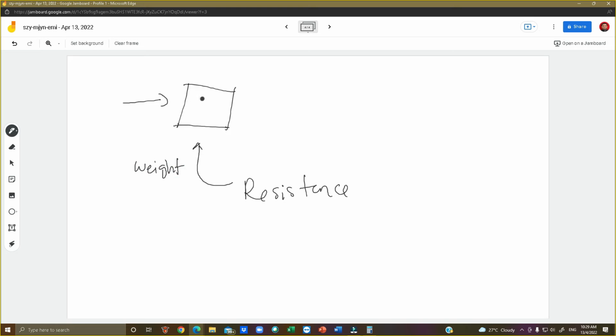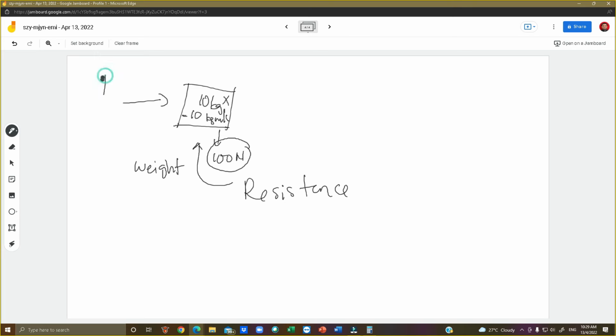Okay, katalah barang ni 10 kg, times with 10, which is the amount of gravity. So, we have 100 Newton in term of weight.